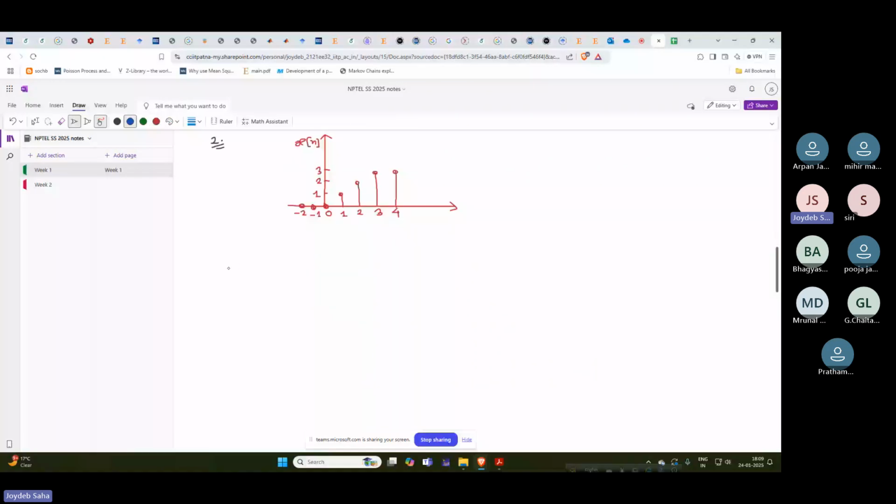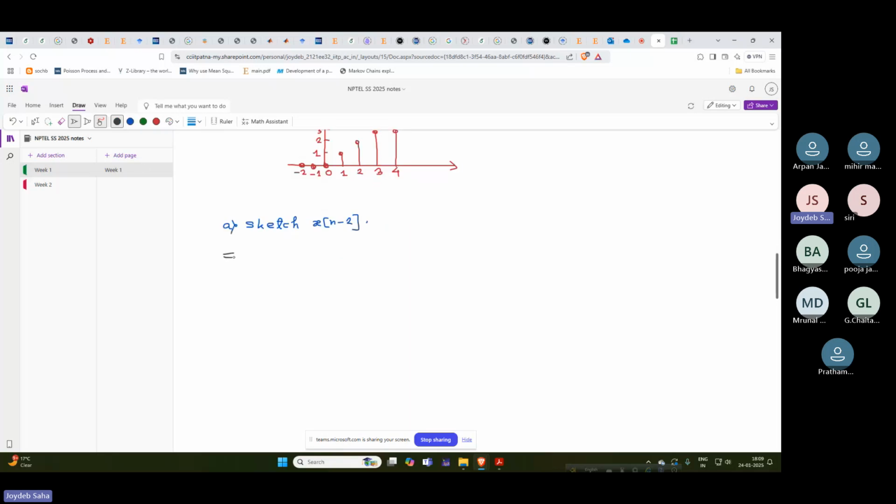Question A is sketch x of n minus 2. So how will it look like? It will be similar to the continuous domain.